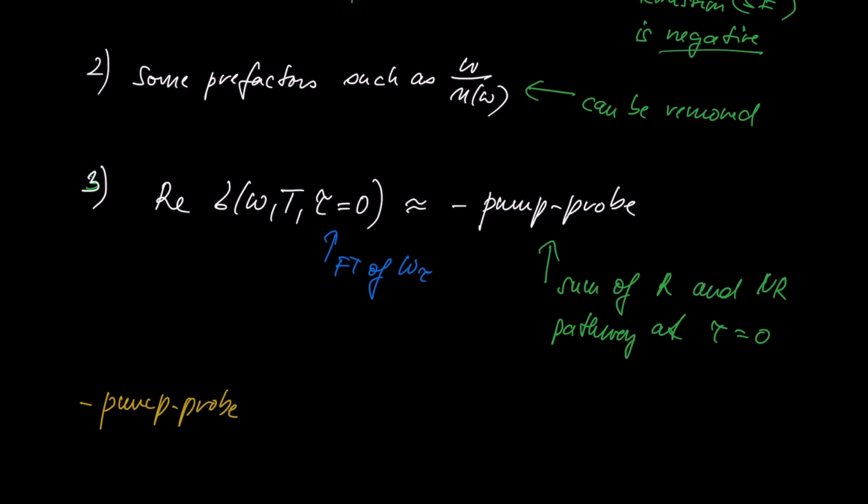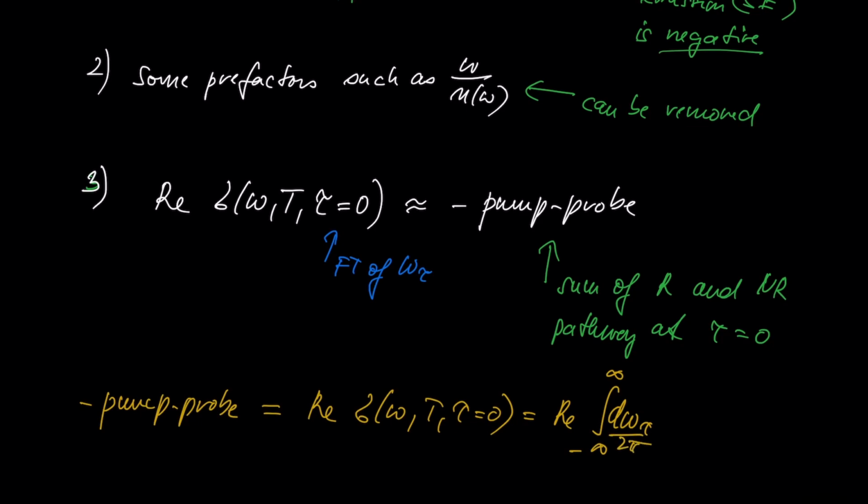Now let's say we have already stripped it of all the prefactors, so this is the real part of sigma omega t, tau equals 0, and that is the real part of, let's perform the Fourier transform back, omega tau, and here e to the power of i omega tau, and we should have tau here, but tau is supposed to be set to 0.